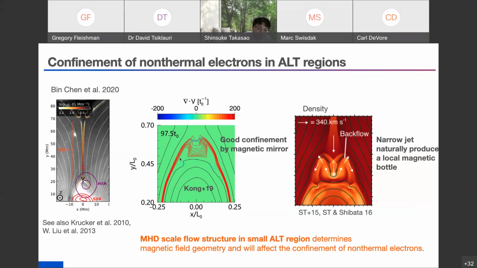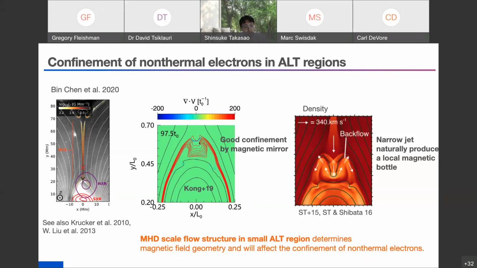confinement. For example, Conway et al. show that this kind of multi-field structure above the rooftop region has weak magnetic field in the middle and stronger magnetic field at both ends. So this region can act as a good magnetic trap.